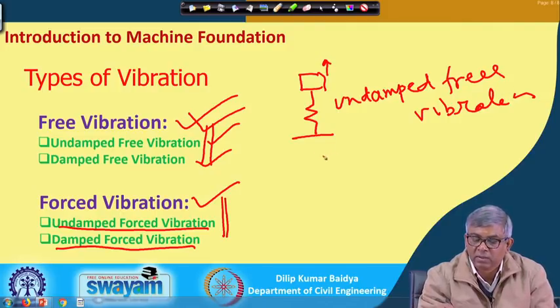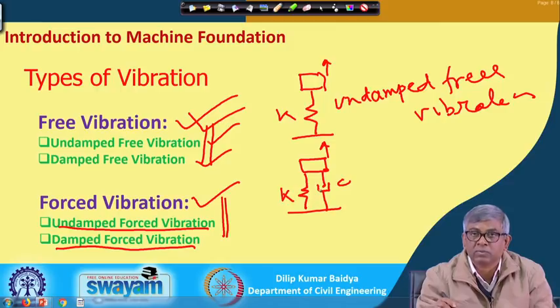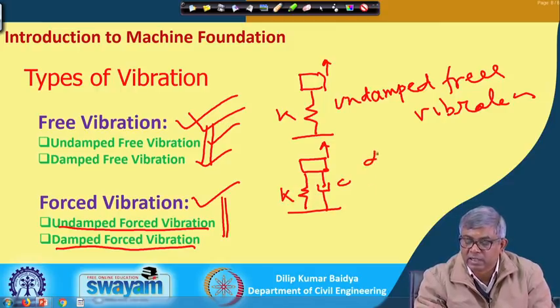And if I now consider the same mass with a dashpot and the spring, where this is k and this is c, and I give an initial displacement, this will also vibrate, and then it is damped free vibration.